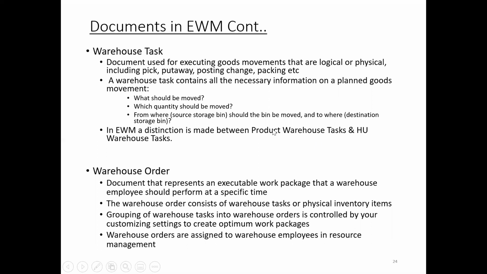The warehouse order contains the details of the warehouse task, and accordingly on the RF gun, the user can scan the source and destination and the label and whatever they want and complete the picking and PGI. Clear?